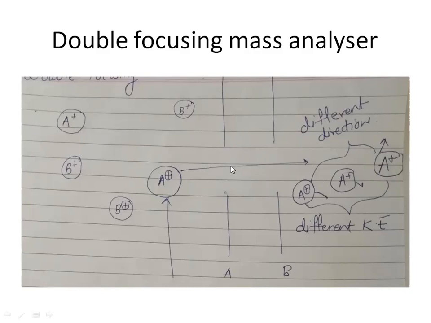Ideally, we need a uniform, homogeneous electric field. But if there are variations, naturally the ions are going to have differences in their kinetic energies. So these are three reasons due to which kinetic aberration or kinetic energy spread occurs.